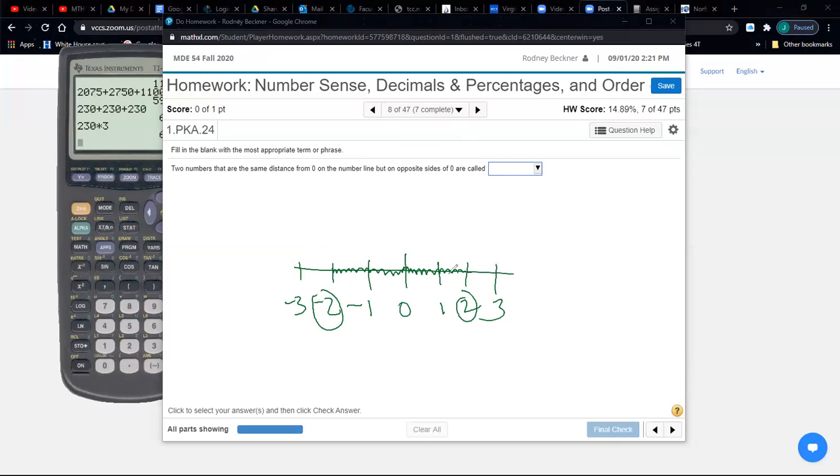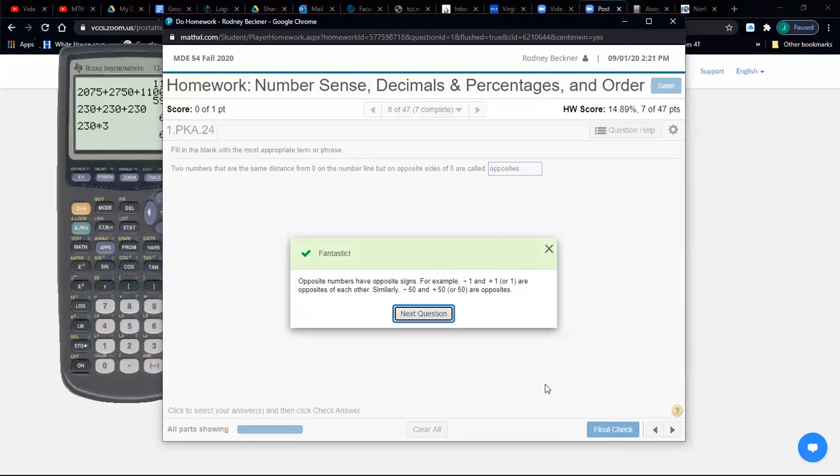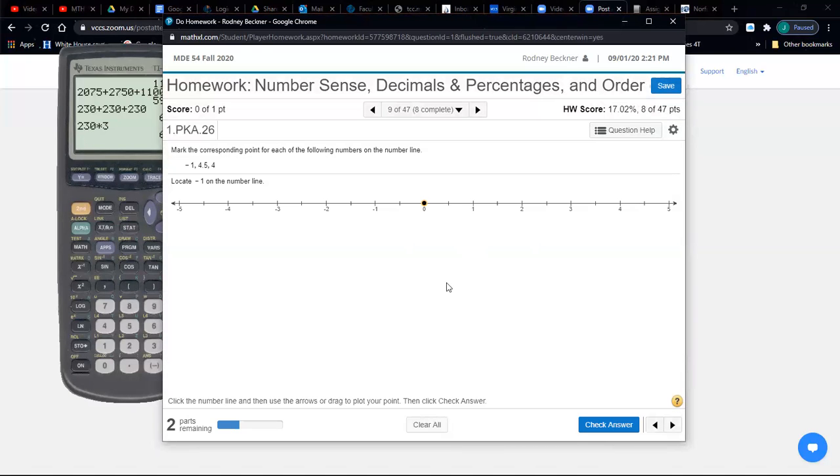So these are equidistant from what we call the origin, or 0. But one's positive, one's negative, they're on opposite sides. That literally gives you the name opposites. And absolute values and opposites kind of relate to each other in that way. And we'll talk about that another day.